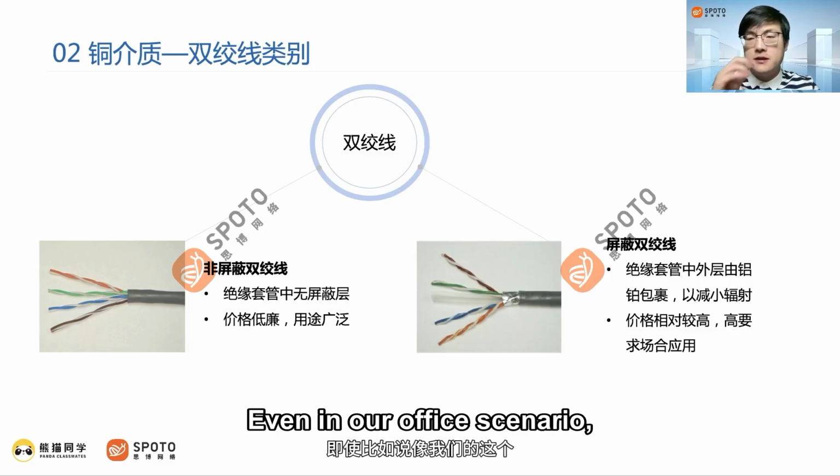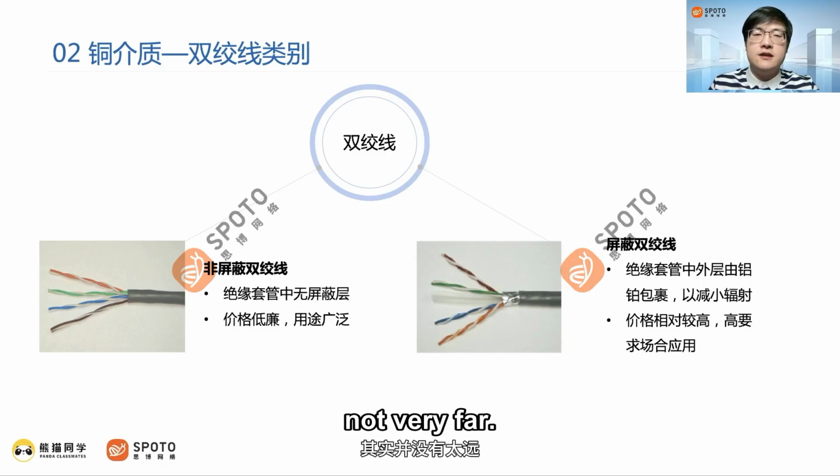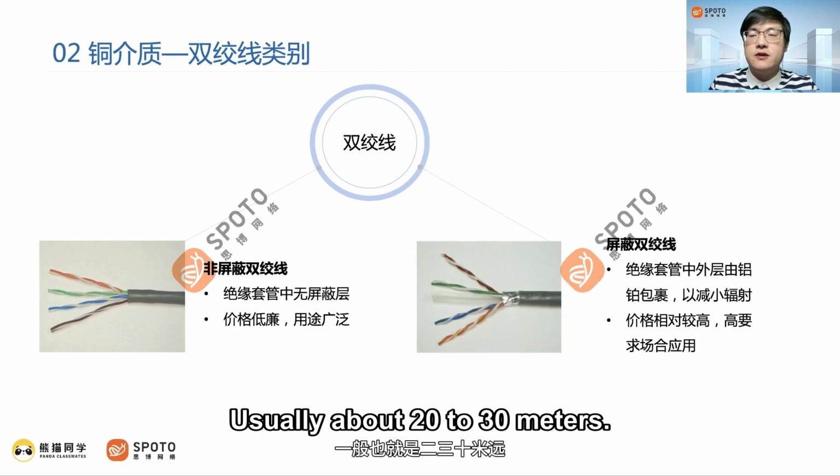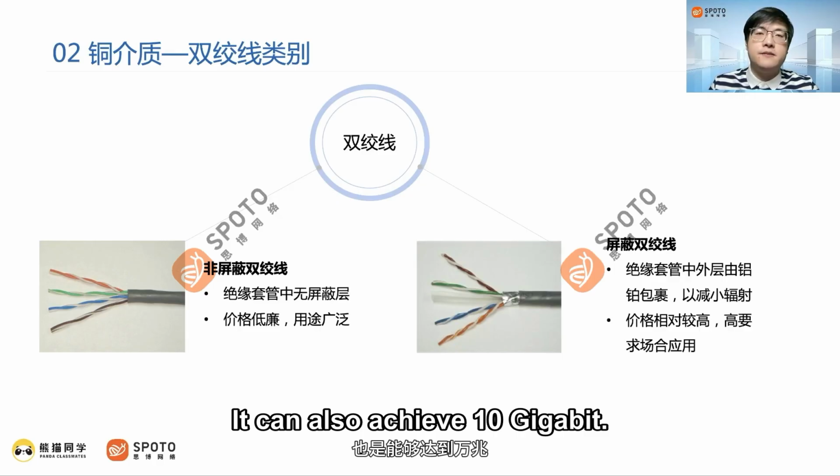Even in our office scenario, the distance from our desks to the server room is, most of the time, not very far, usually about 20 to 30 meters. In this case, Category 5e can also achieve 10 gigabit.